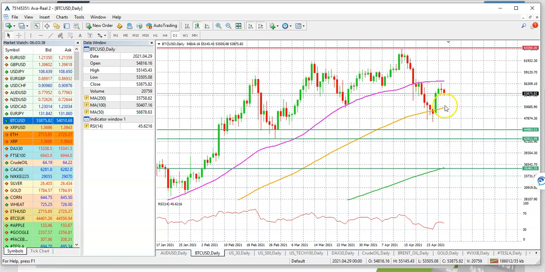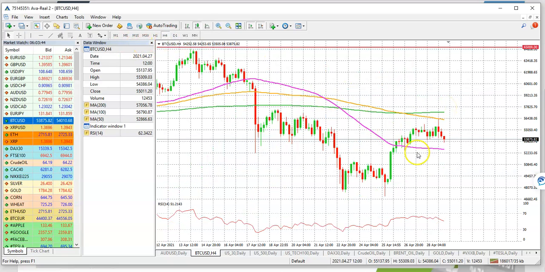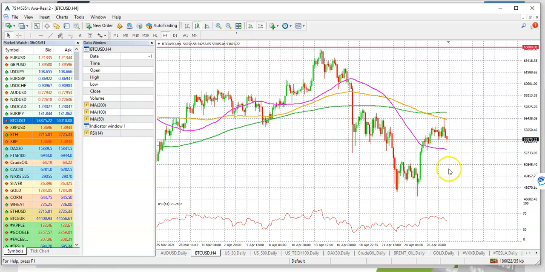Now, is the price really going to stay above the 100-day simple moving average? The answer to that is going to come from our 4-hour time frame, and that is, can the price stay above the 50-day simple moving average? Because so far, after breaking all these particular price levels, the price broke its 50-day simple moving average, but then it struggled to break above the 100-day simple moving average.